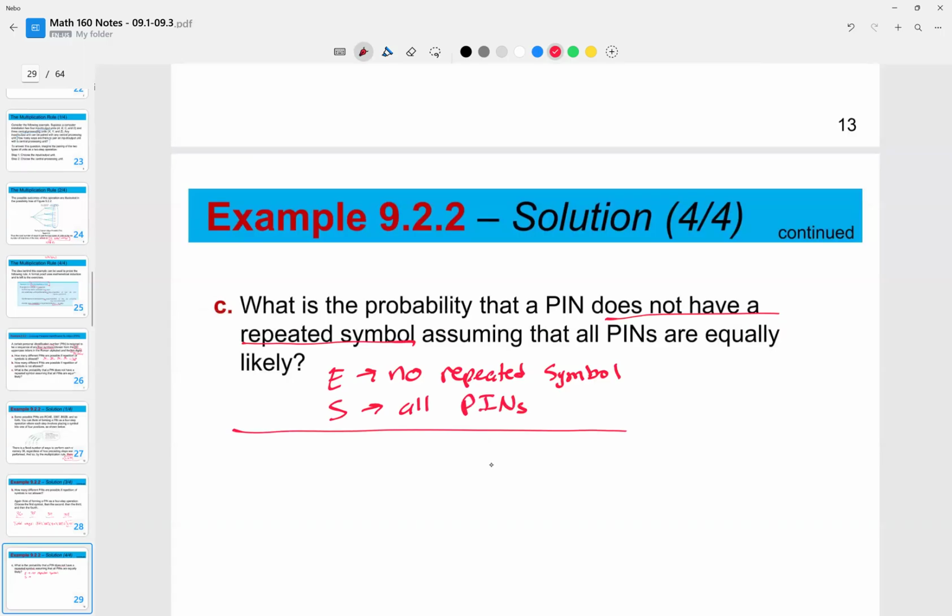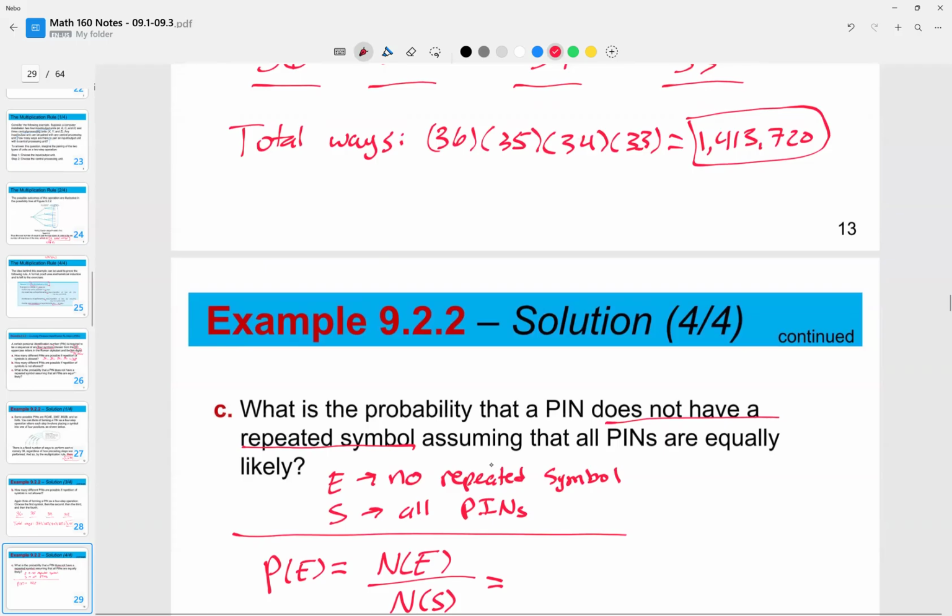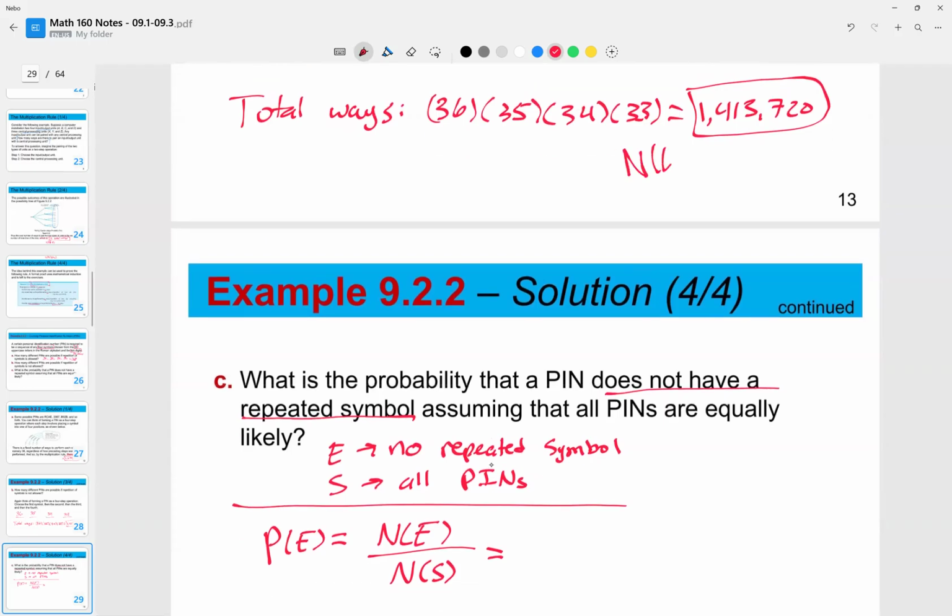We know from the naive probability rule that since they're all equally likely, the probability of E is just the number of E divided by the number of S. Over here, this was the number of no repeats, 1,413,720, and the number of S was the big number, all possible pins.